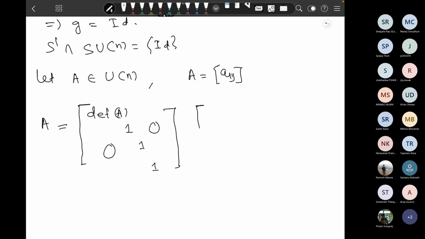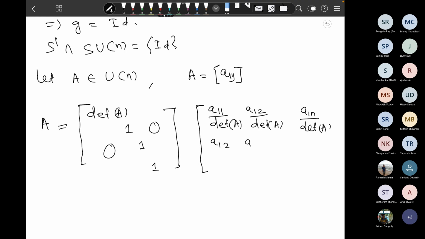Then you divide the first row by the determinant of A and keep all the other rows, A2 to An, as they are.